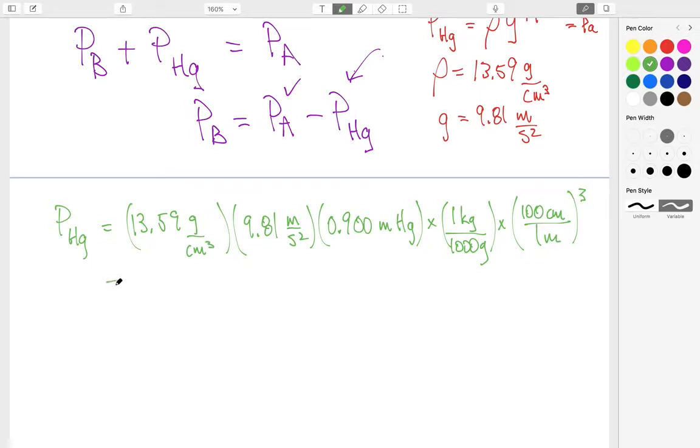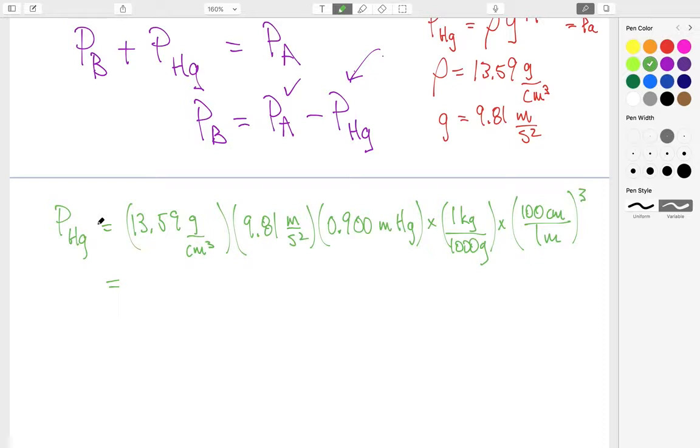All right, with that all said and done, let's get this into our calculator. I've got my calculator in hand. I don't have one for the screen, so I'm going to say 13.59 times 9.81 times 0.9 times 1 over 1,000 times 100 cubed.